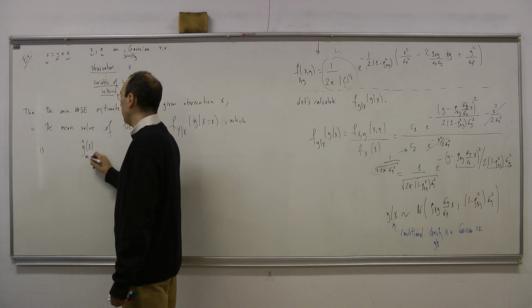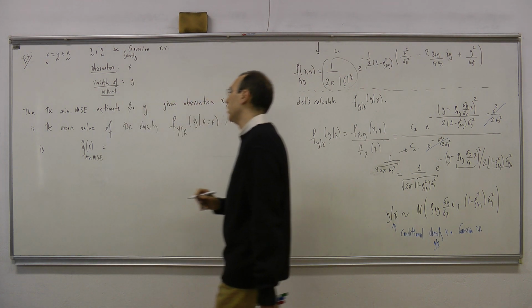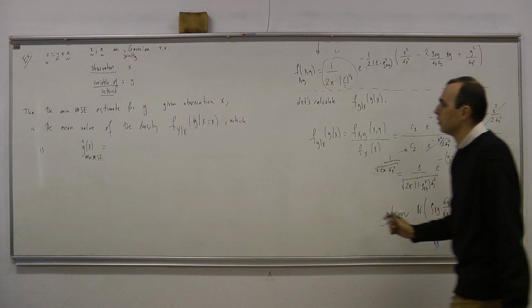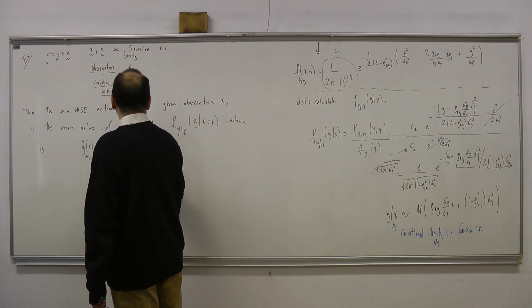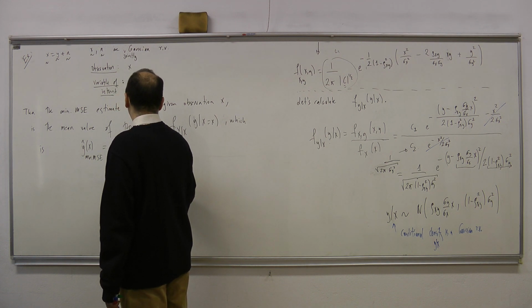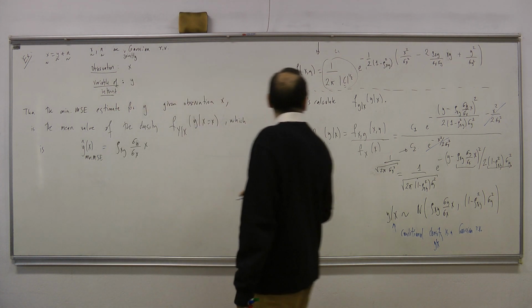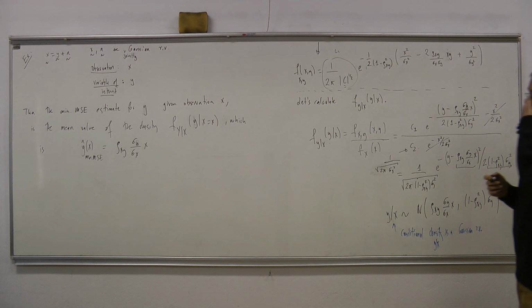Let me write min.MSE. So this is the minimum MSE, optimal estimate. Min.MSE estimate is this. This is y. I have this. That is that.